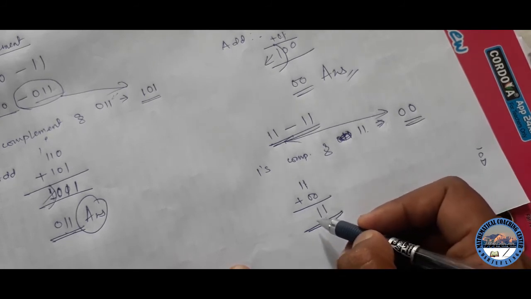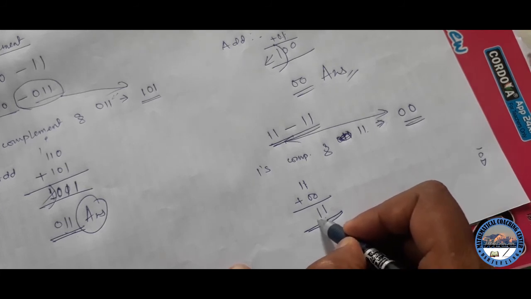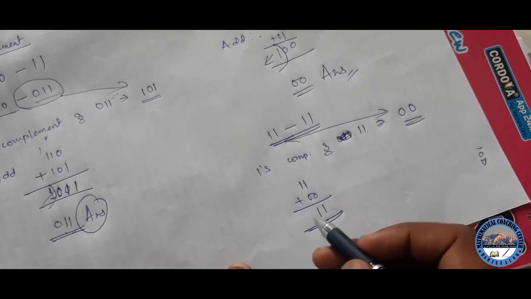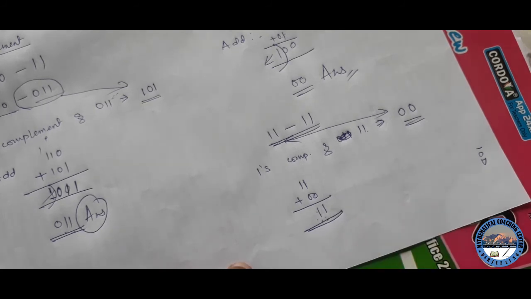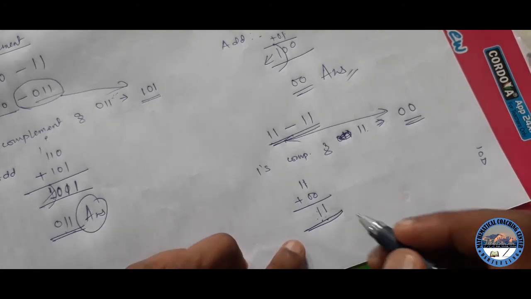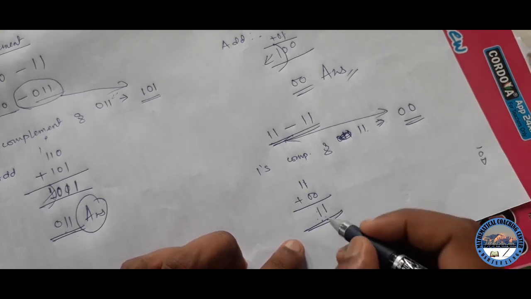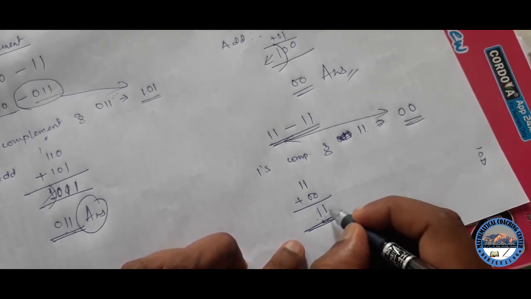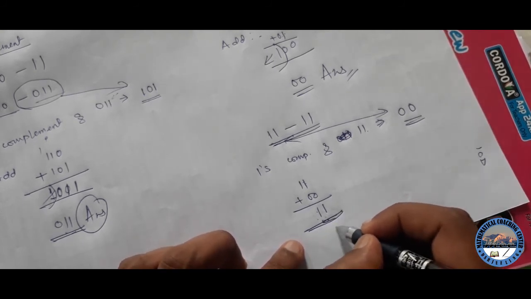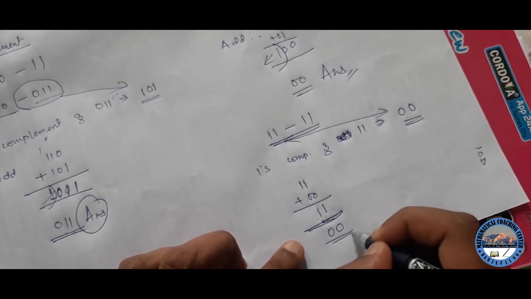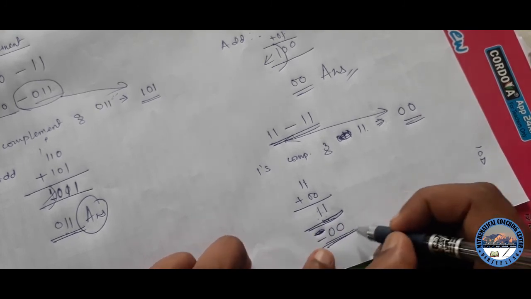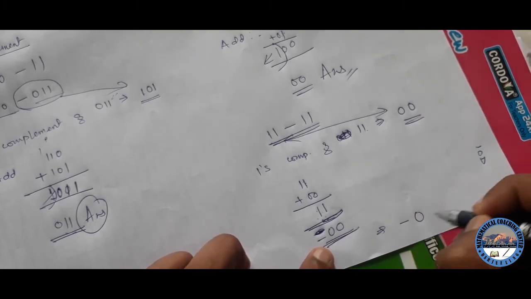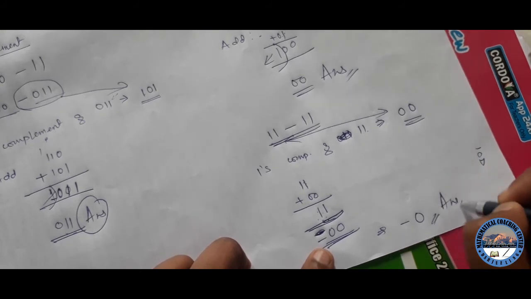Now if there is no carry in the result, then we have to find out the 1's complement of the result and place a negative sign at the front. So 1's complement of this is just the opposite, 0, 0. And place a negative sign at the front. So this is the rule. So the answer will come as minus 0. This is the answer.